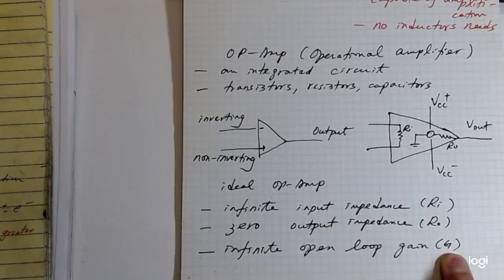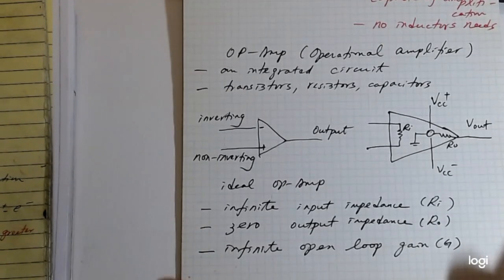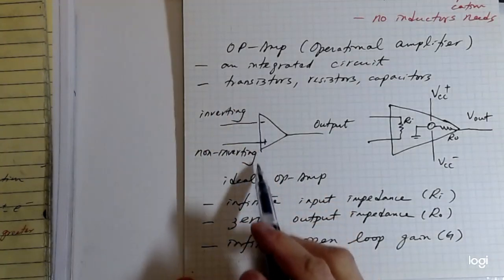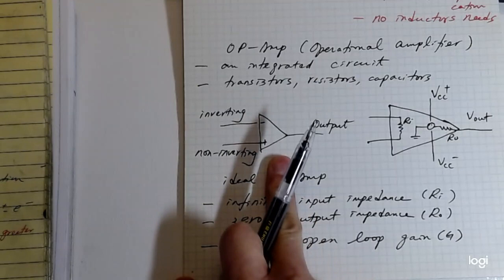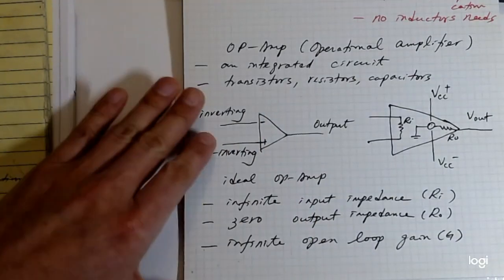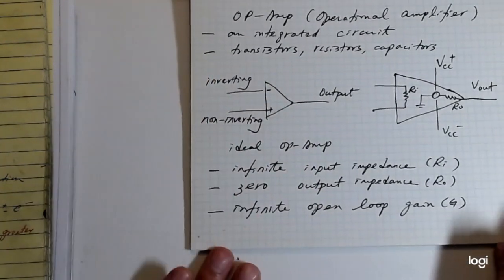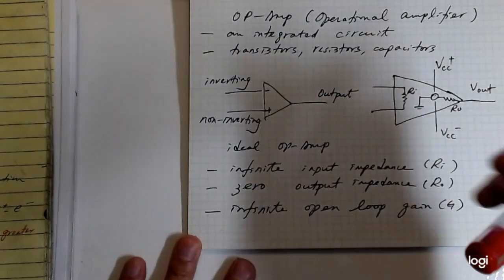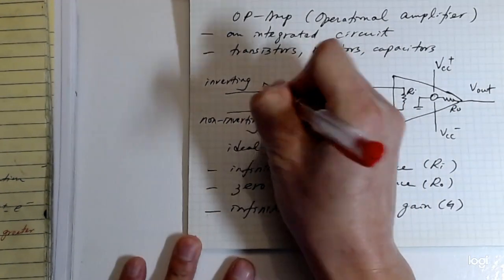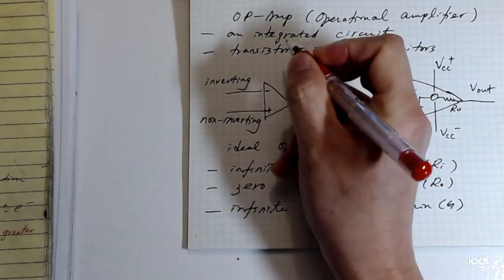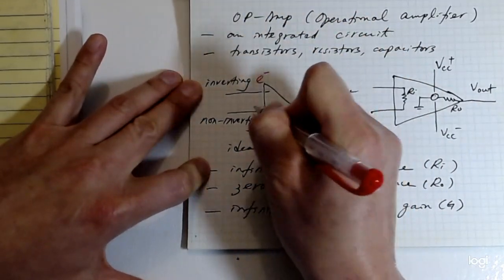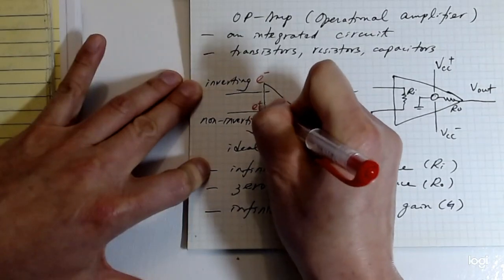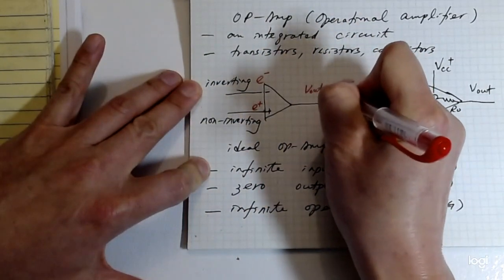So what does this mean? Meaning that we treat this circuit with a relationship. This point is E negative, this point E positive, V out.